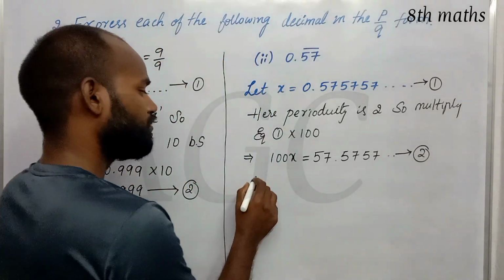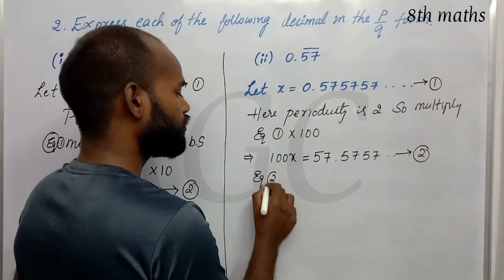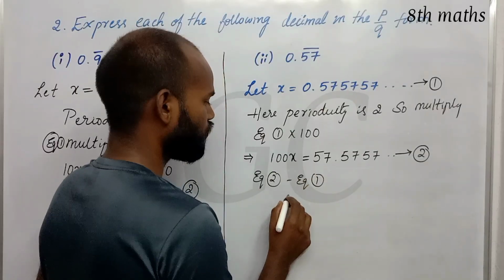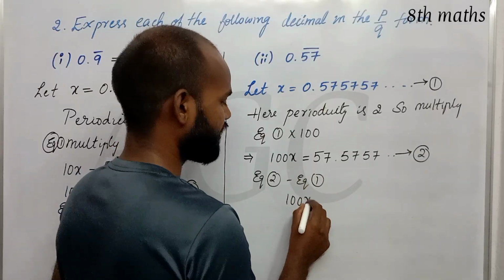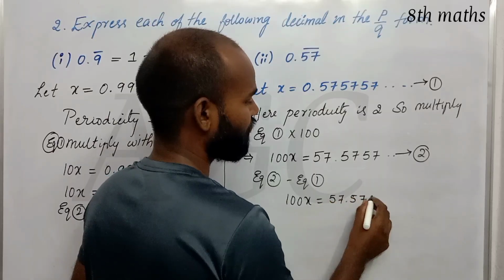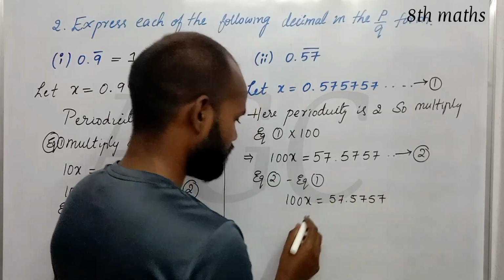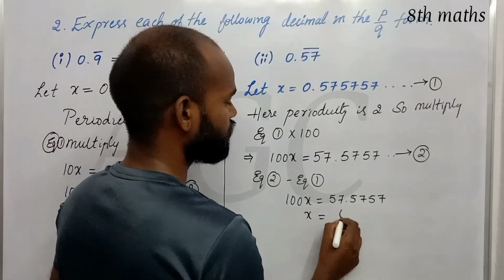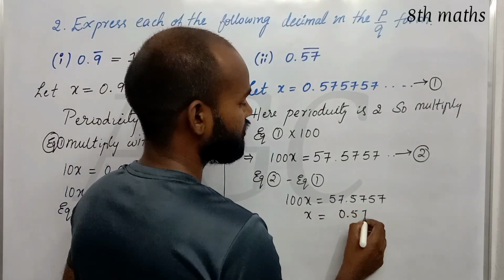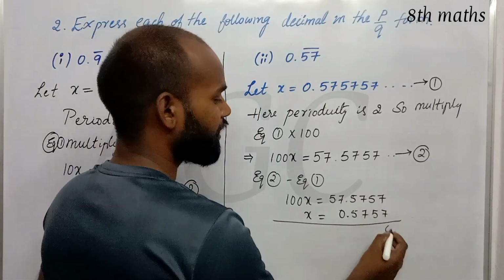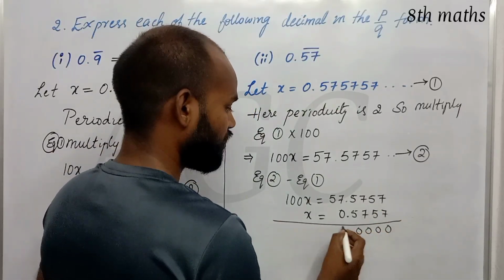So now we need to subtract equation 2 minus equation 1. So equation 2 is above, that is 100x equals to 57.5757. Then equation 1 representing x equals to 0.5757. Now subtract this.